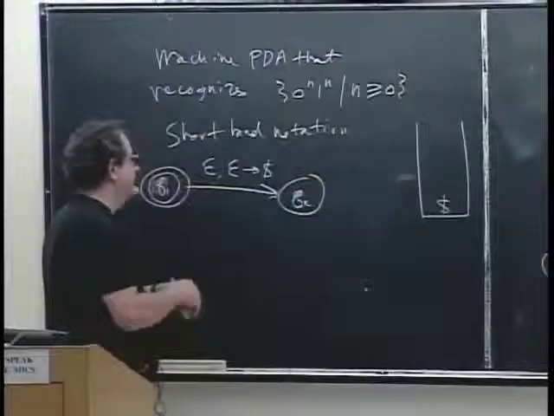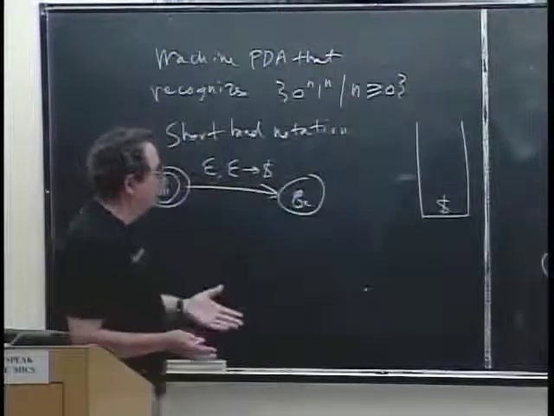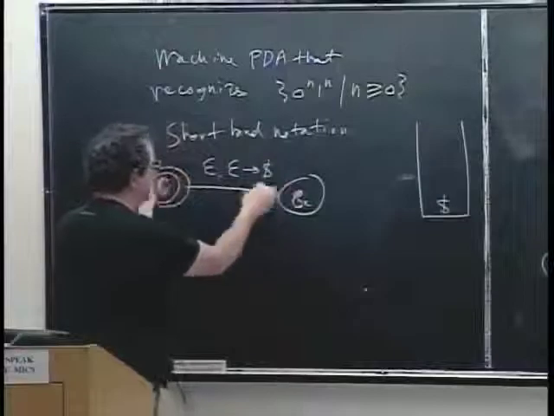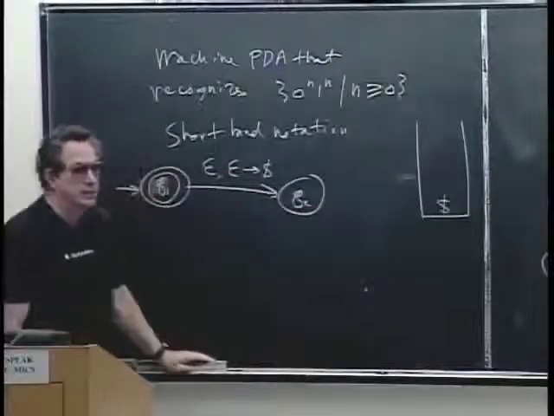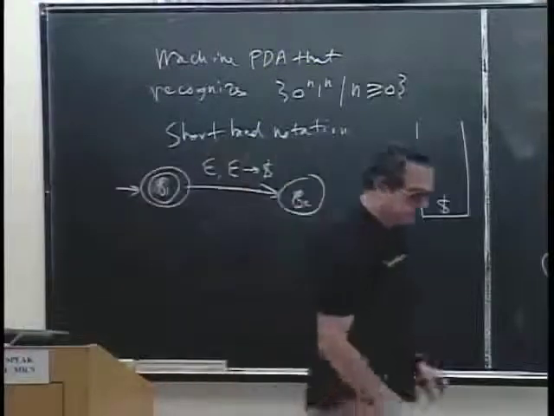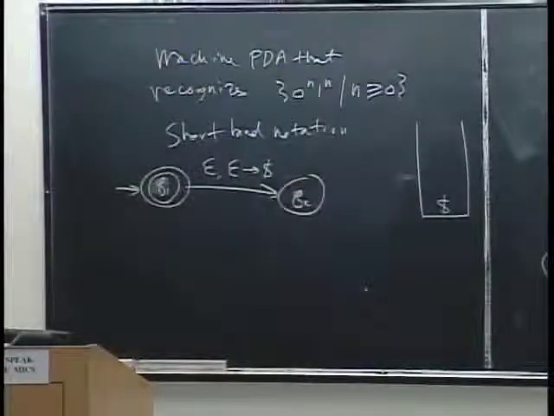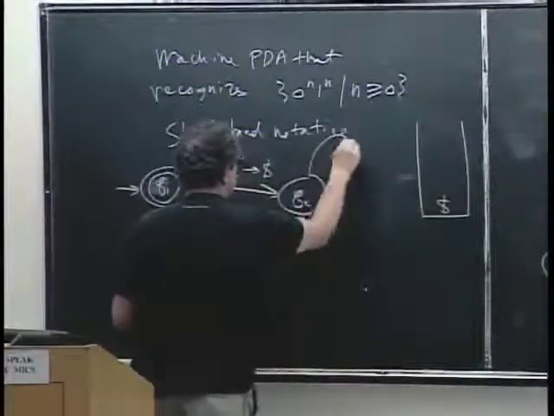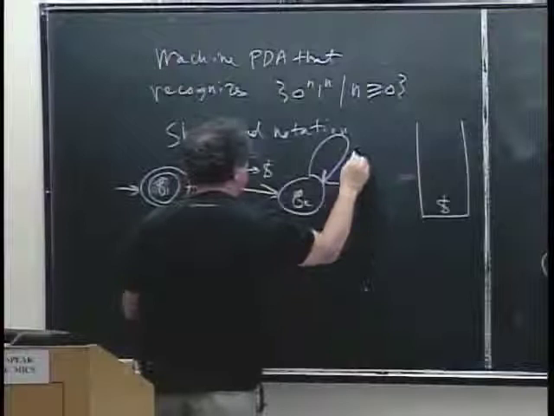So whether you allow a PDA to detect that the stack is empty, or whether you always do it this way by putting this at the very beginning of your PDA, it's the same thing. All right, so that was the first step, or first state.